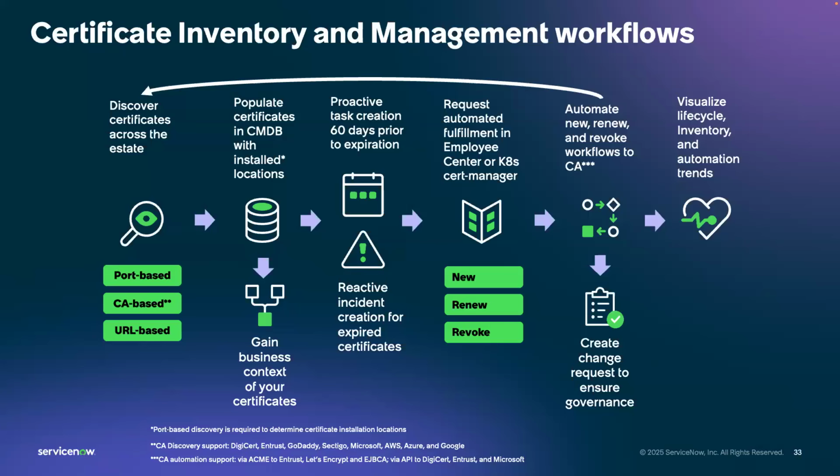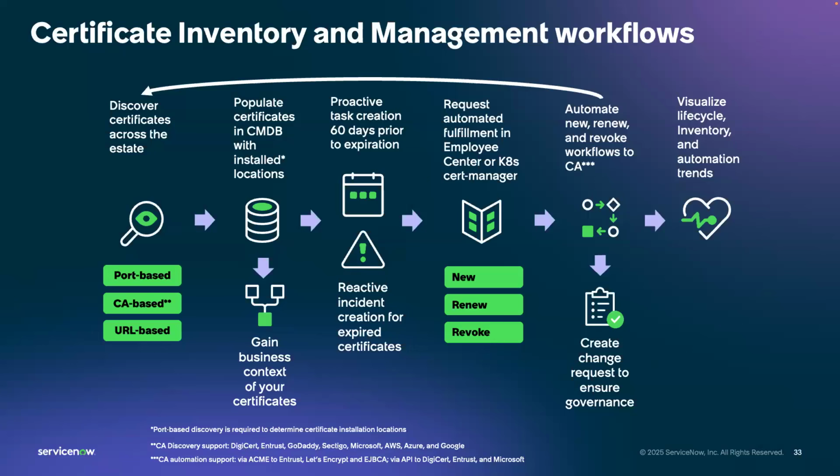So we discover those certificates, populate the CMDB, not only with the unique certificate, but where we discovered those, so you get that context. If that infrastructure where we discovered that certificate is associated to a service map, now we have the business context, right? And then we auto-generate proactive tasks based off of a 30, 60, 90-day threshold.